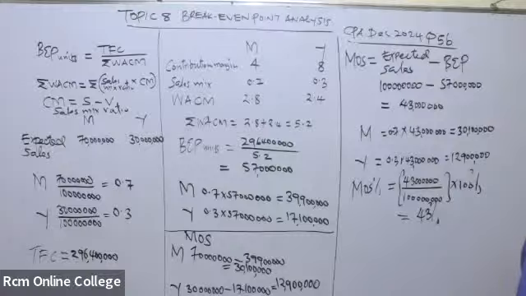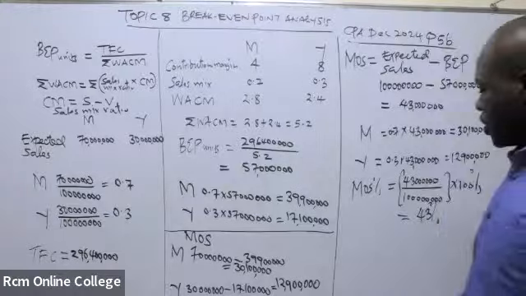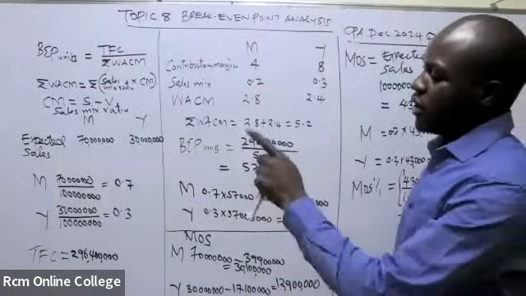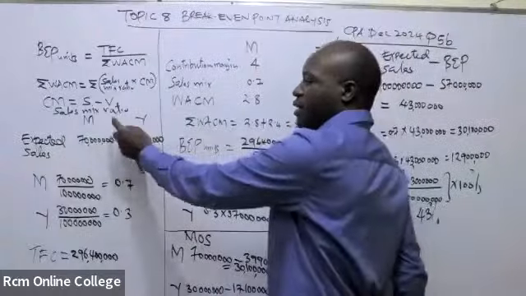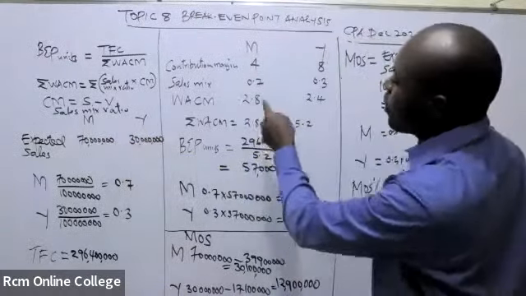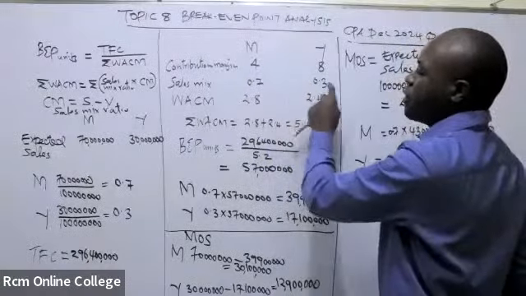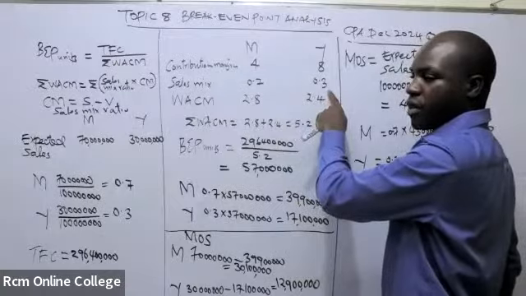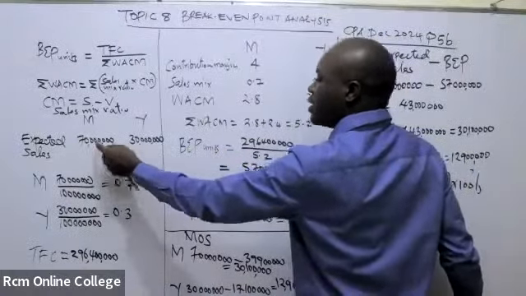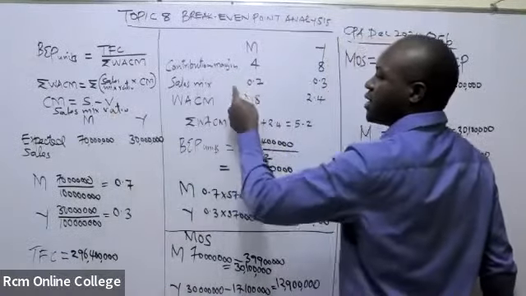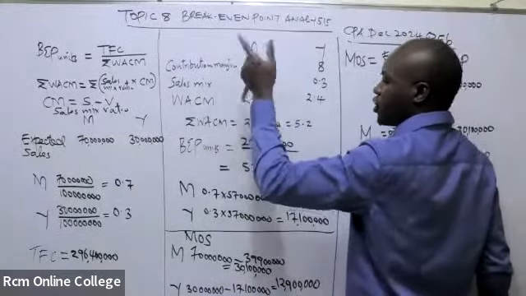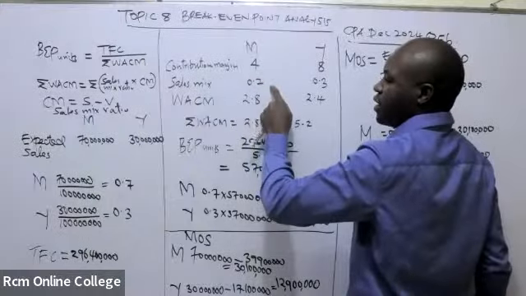Great. Now, the next thing you're supposed to do, what if you are told that this expected sales is giving us a sales mix ratio of 0.7 is to 0.3. That is what our current expected sales is giving us as the sales mix ratio.